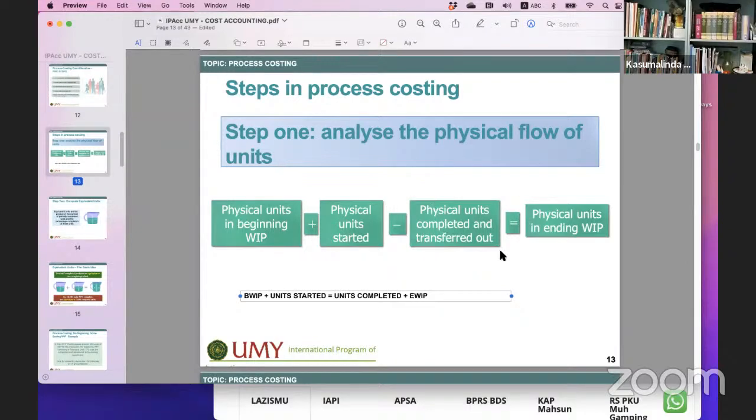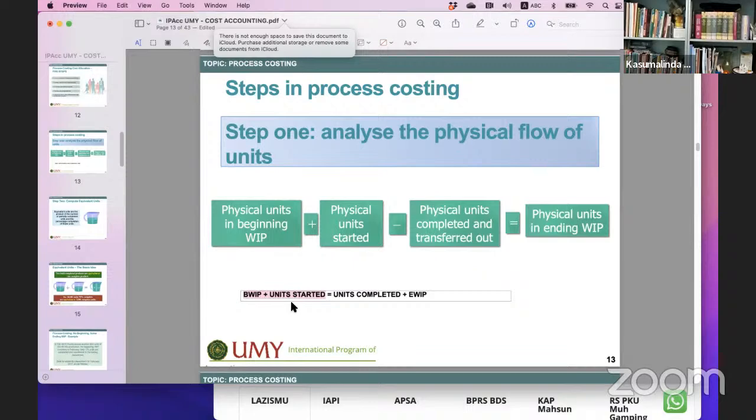On the left side, beginning work in process plus units started are the units that we are going to process at the beginning of the period, for example, the beginning of the month. We have the beginning work in process, which we will continue to process in the month, and we also have the new units that we started during the month.